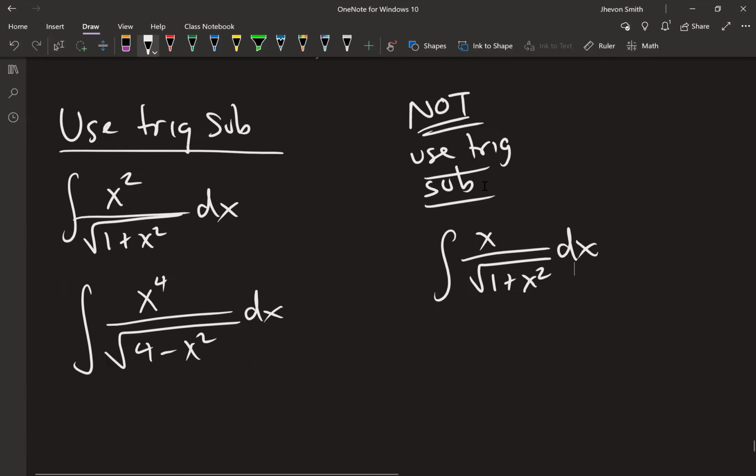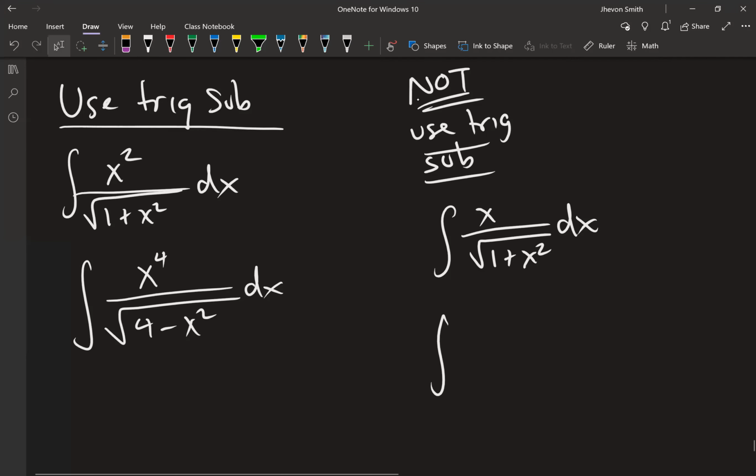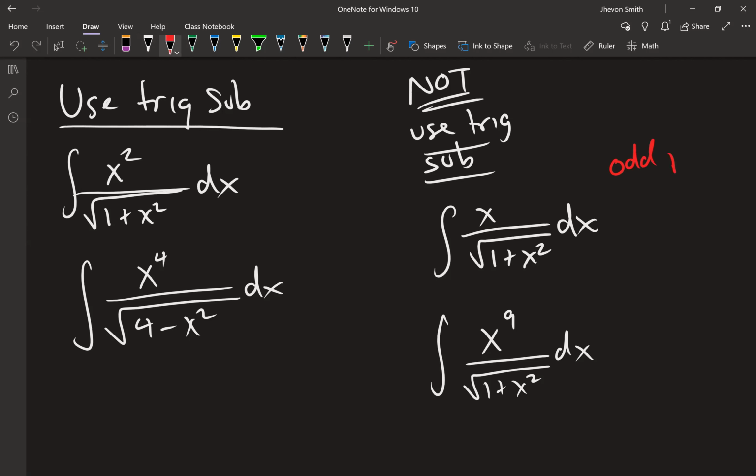That's a typical example. But even if we go higher, if I had x to the 9th over the radical of 1 plus x squared, or x to the 5th, or x to the something like that, I would use a regular substitution. The fact that there's an odd power of x elsewhere means a regular substitution will work.